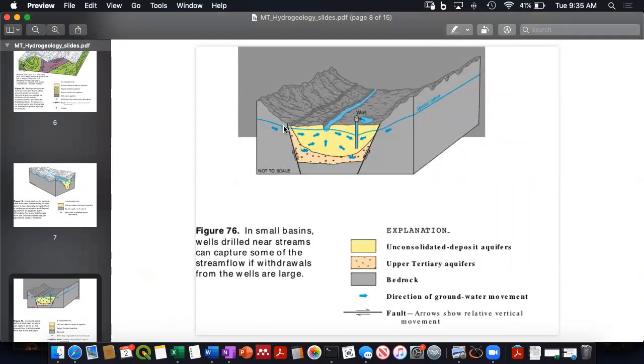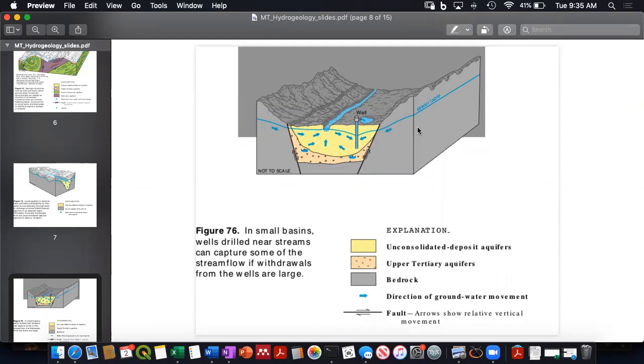It takes the sort of general geologic structure, right? Mountain block, faults, sedimentary valley with a river in it, all right? Alluvial sediments on top of tertiary sediments on top of bedrock. Alluvial groundwater system interacting with the surface water system, all right?